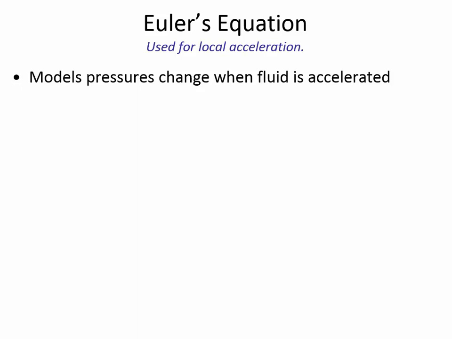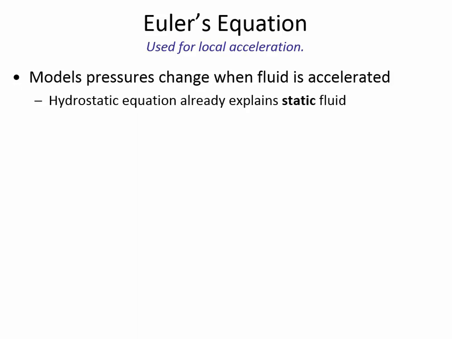But if you see a tank of water like this, the one that I was just drawing a moment ago, accelerating in the x direction, and it's also experiencing g, the normal gravitational acceleration, this is the kind of situation that Euler's equation is used for. Because it's speeding up. Its position right now is slow, or 0, and as it moves to the right, it's getting faster and faster. And so there's going to be some pressure differences in this direction, as well as the pressure differences that exist vertically because of gravity.